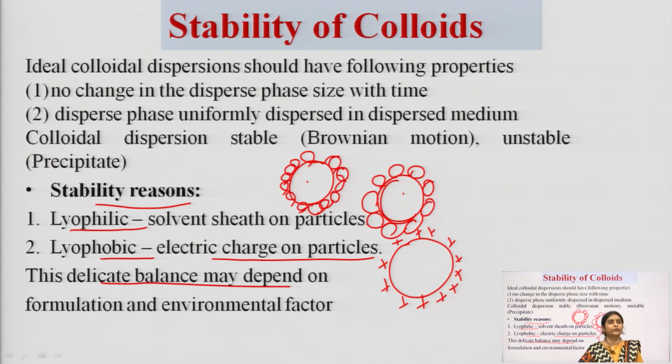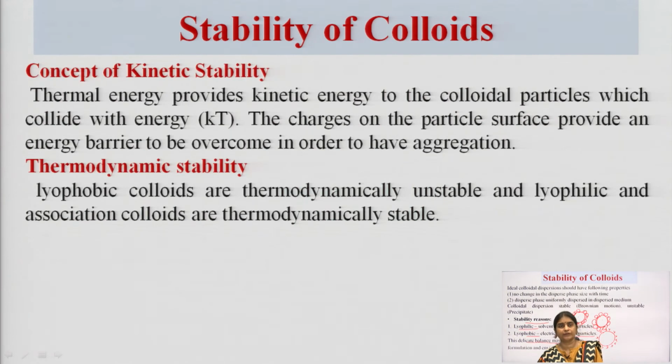When we come to environmental factors, we have to focus on the temperature at which these colloids are prepared and kept. So there has to be a very balanced use of the chemicals or ingredients to prepare the colloids.